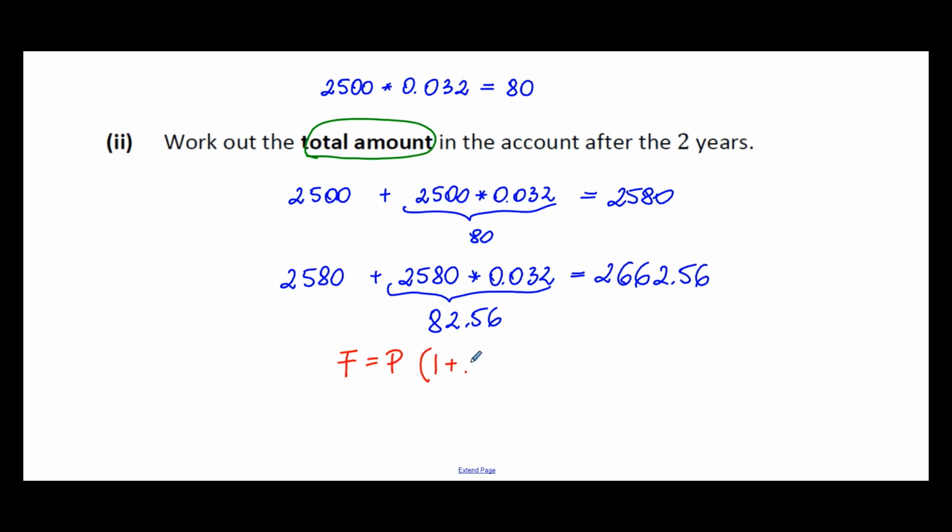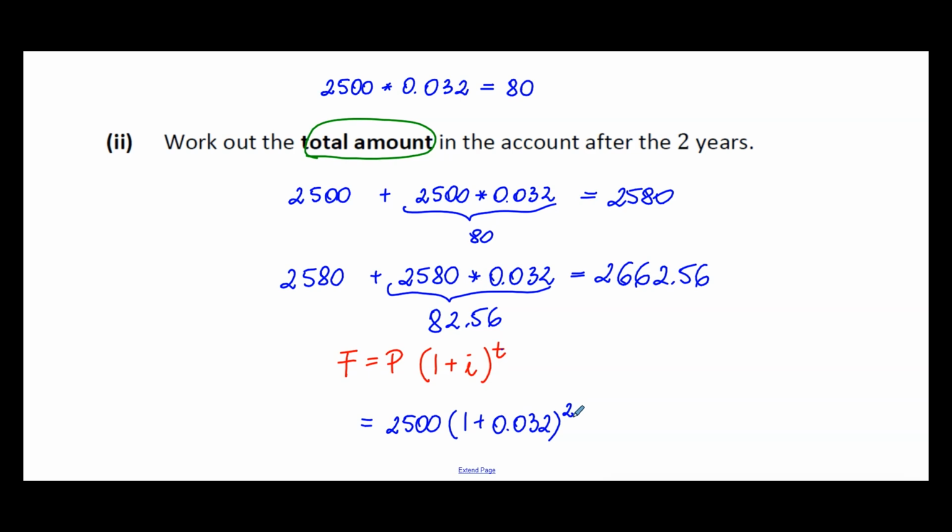So let's consider the same example but using the formula. How does it work? So P means the principal value, or in other words, we can say present value, what I have now. So now he has 2,500. 1 plus, we said that I represents interest expressed as a decimal, so 0.032, and t shows the number of years.